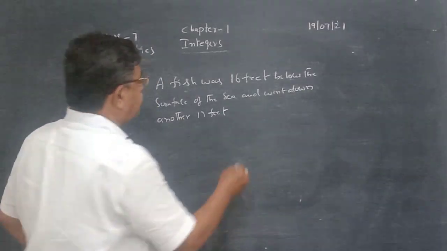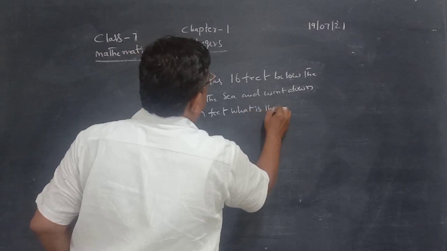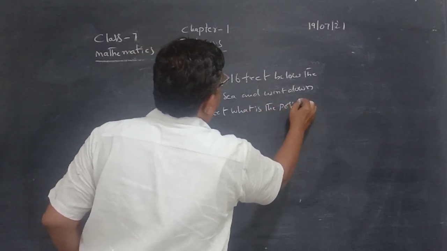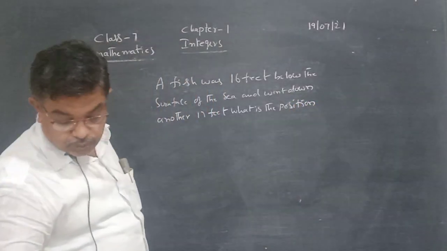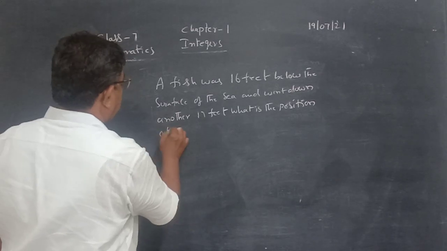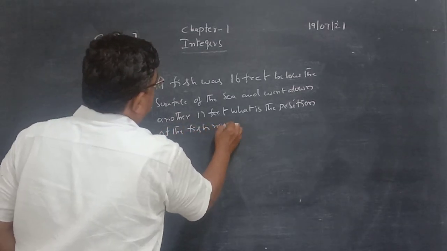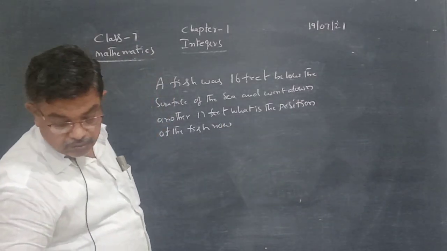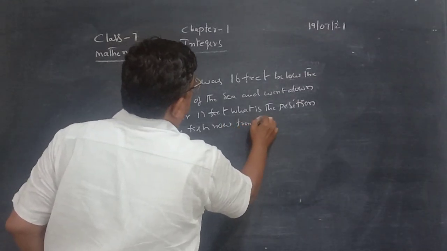What is the position of the fish now from the surface of the sea?